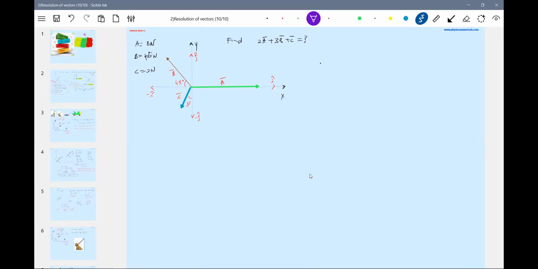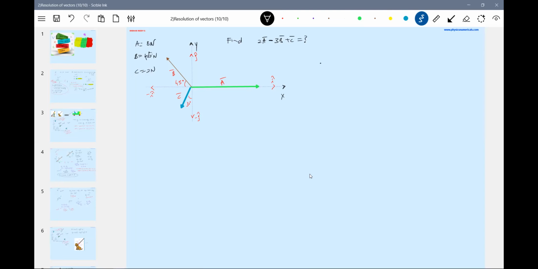Can we do subtraction using the same thing? Instead of 2A bar plus 3B bar, let me bring a negative. Find the resultant of these three vectors.